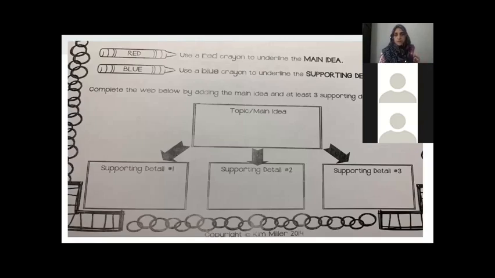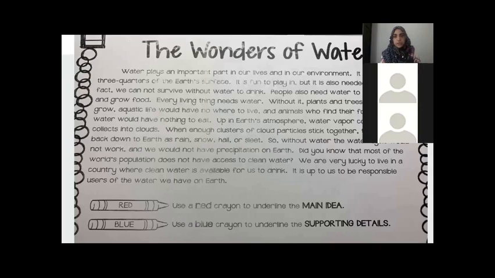I had a fun activity for supporting details, and it's this web. The first activity that we are doing is basically writing down or underlining the main idea and the supporting details, so we can go back to that activity. Now that we know that water plays an important role in our lives and in our environment, to unlock the details, we can read the entire passage, and then you will have to pick 2 to 3 details that you think are unlocking the main idea, or why the author wants to talk about it.